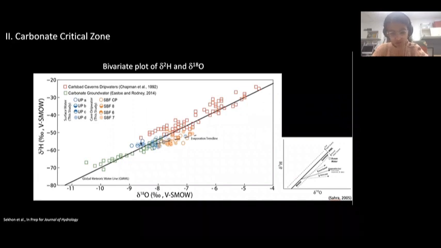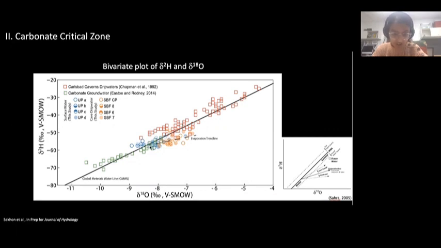So what you're looking at over here is a bivariate plot of delta O18 in VSMOW, because we're looking at waters, on the x-axis, and then on the y-axis we have delta H2. And again, the notations are carried over, where the orange indicate cave drip water and the blues indicate surface drip water.